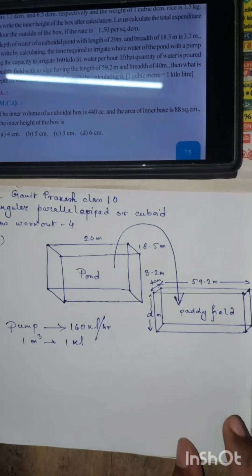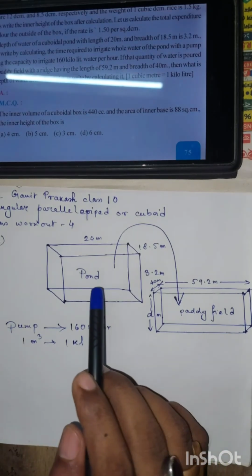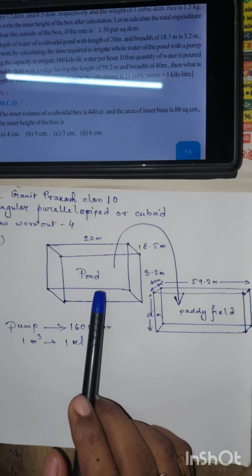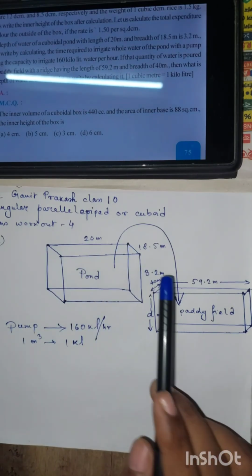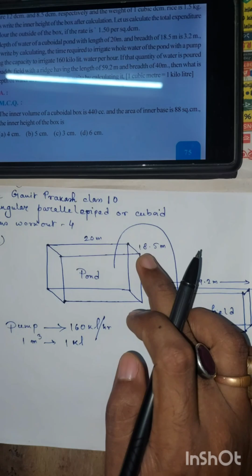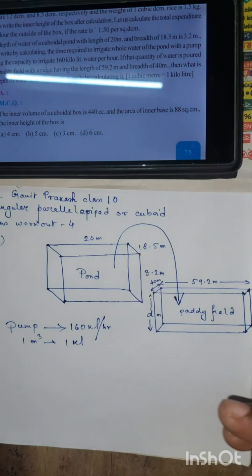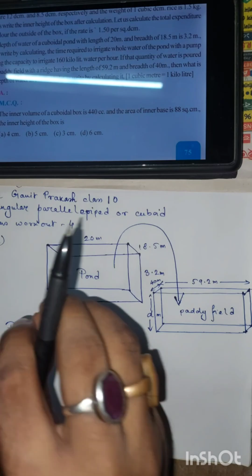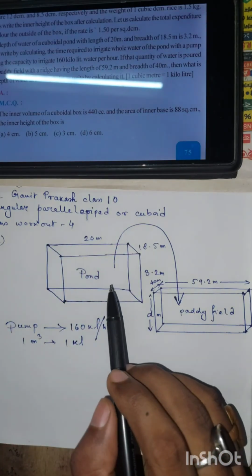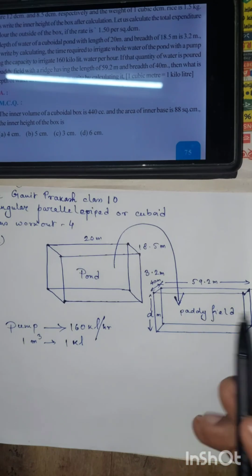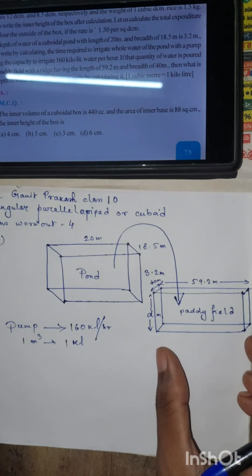So let us first draw it. So this is our diagram. Let us assume this is our pond with length 20 meter, breadth 18.5 meter and depth 3.2 meter. We are taking water from this pond and transferring it to the paddy field.